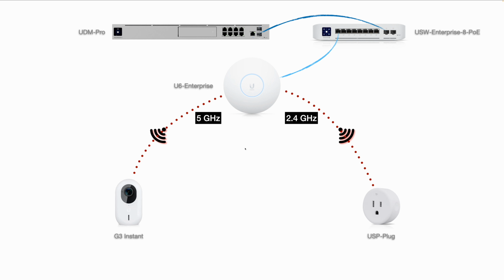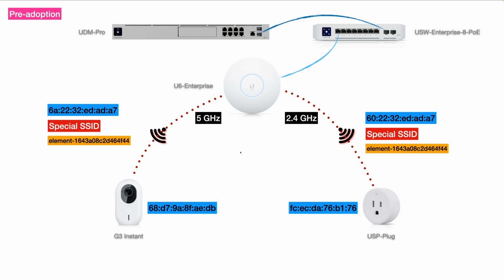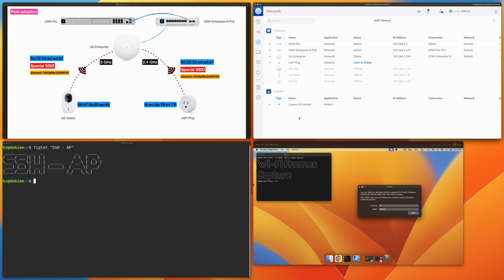I'm going to go through three phases during the adoption process to show you what really happens in the system. First, before you even adopt the devices, how the system identifies there are devices to be adopted. Then, during the adoption process, what really happens. And after it's adopted, during your day-to-day operation, how the Wi-Fi connection works for these two devices. In this video, I'm going to use this type of screen layout, an SSH terminal.